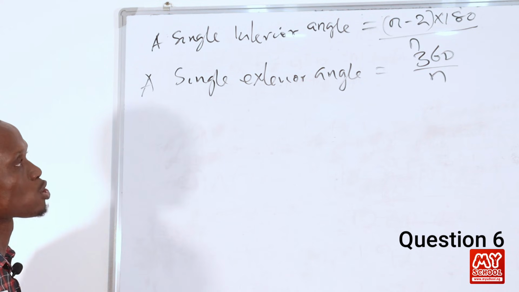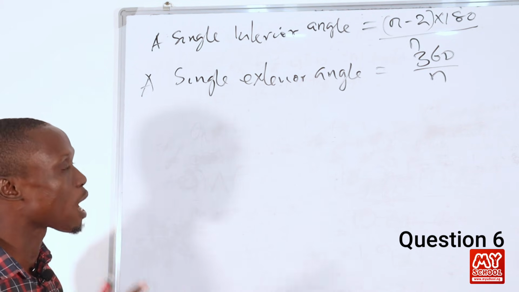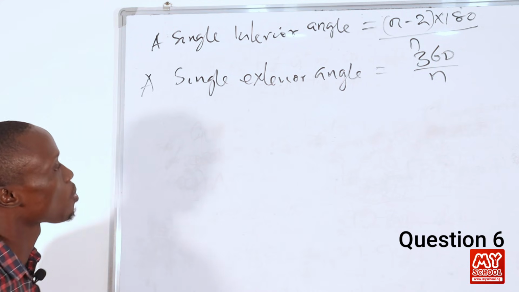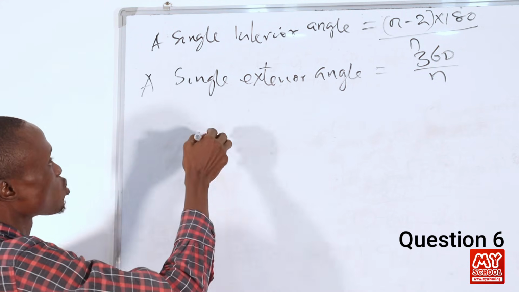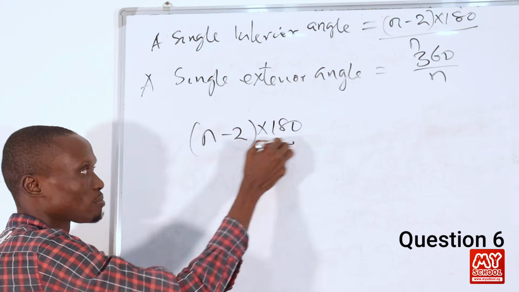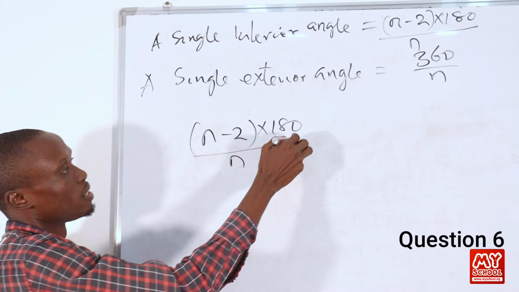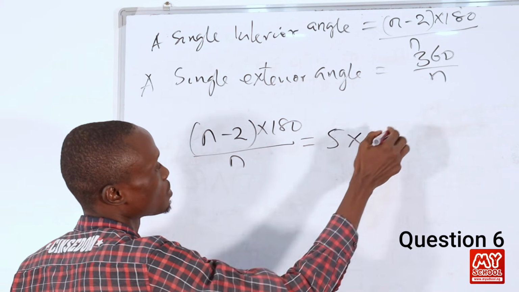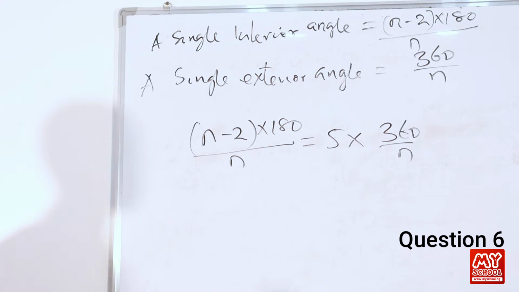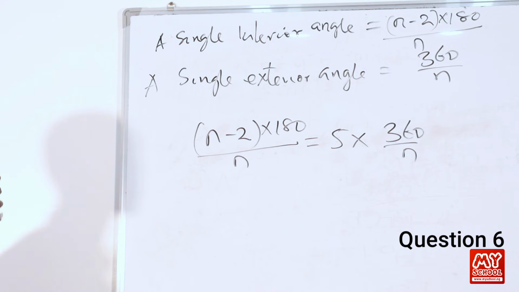But according to the question, one interior angle is equal to 5 times one exterior angle. So this will be n minus 2 in bracket times 180 over n is equal to 5 times 360 over n. We simply solve this to get the value of n because we are asked to identify the polygon.